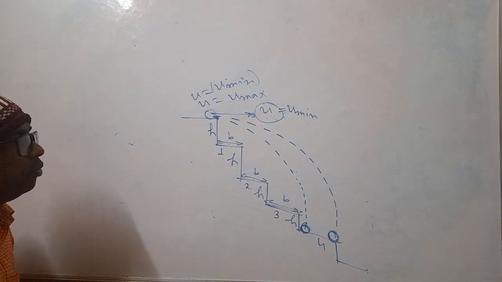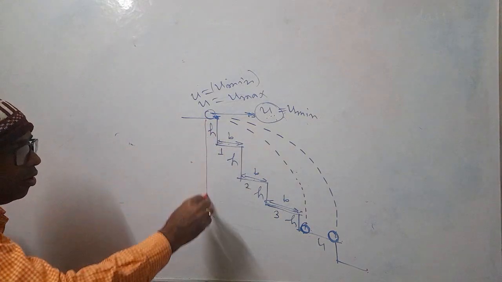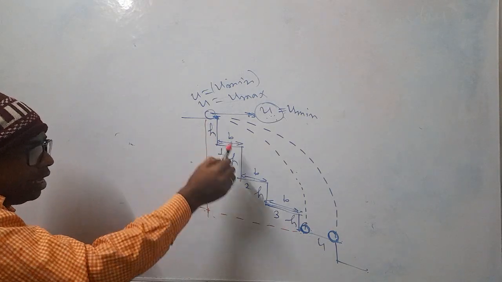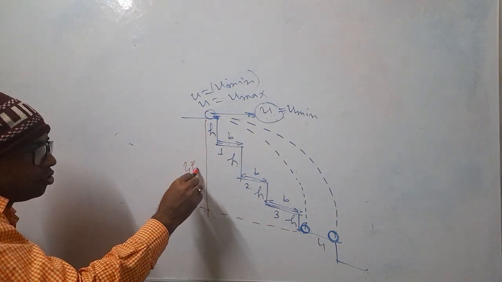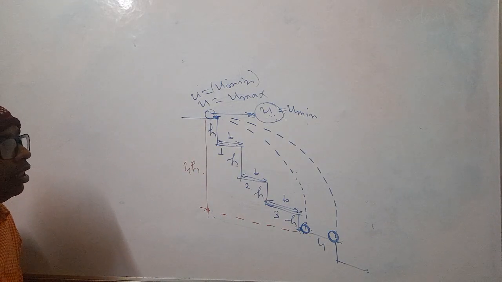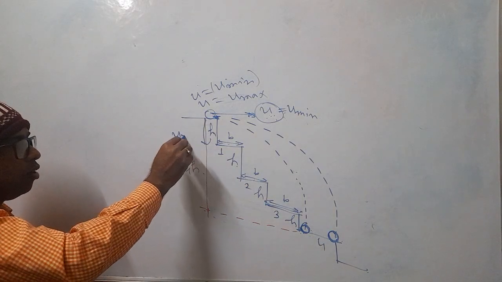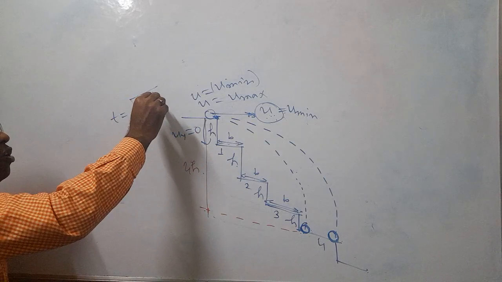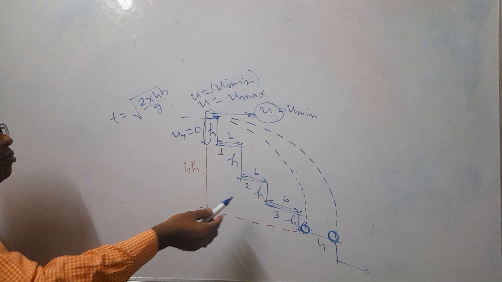Clear? Now, it's just like this type of projectile. This is h, so it is 4h. So time of flight, freely falling body because Uy equals 0, time of flight equals root over 2 into 4h by g.